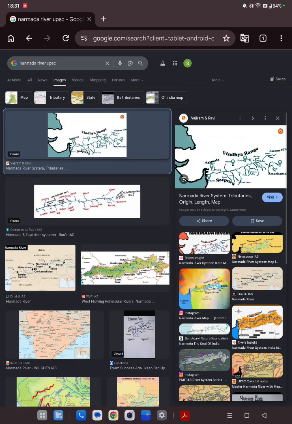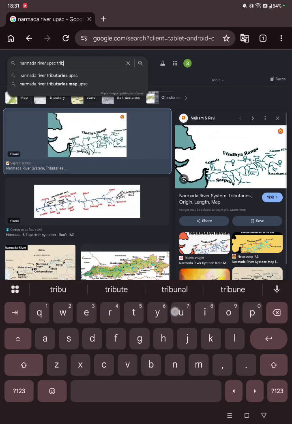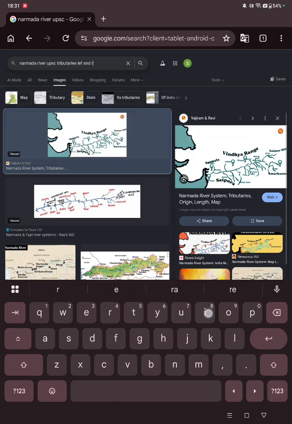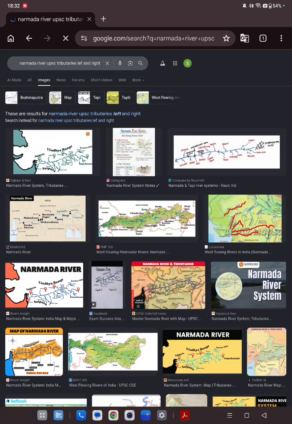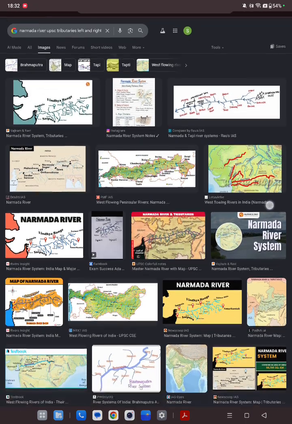Now coming to a more detailed fact, UPSC tributaries, left and right, because in prelims it has been seen that these questions are prominent. That is, what is the eastern side, what is the western side tributary of rivers like Narmada and all.